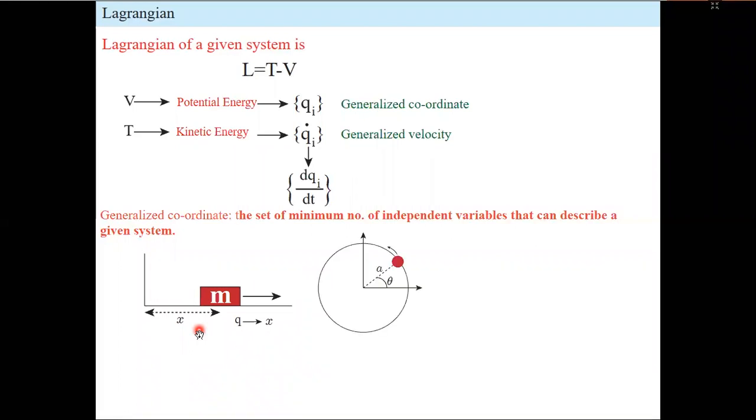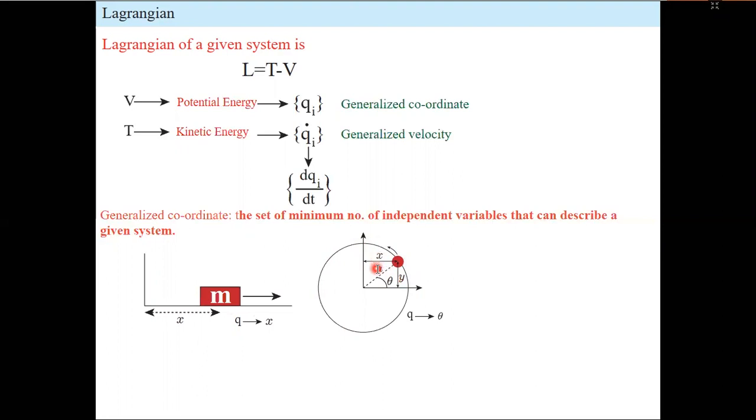Now in this problem, this object is moving along a circular path of radius a. To describe this object, what are the minimum variables required? We can first look at the position of the object, x and y.